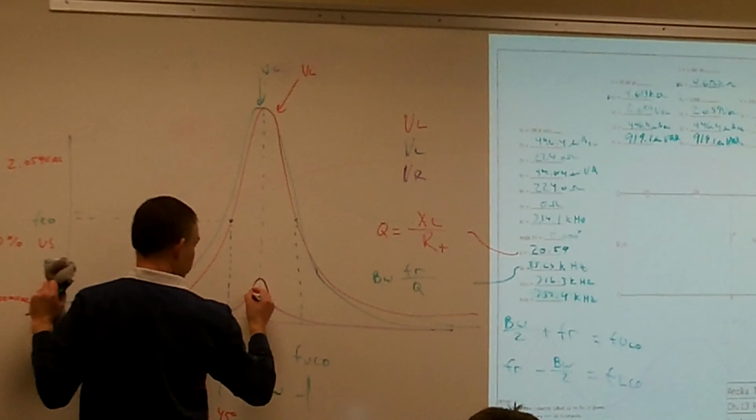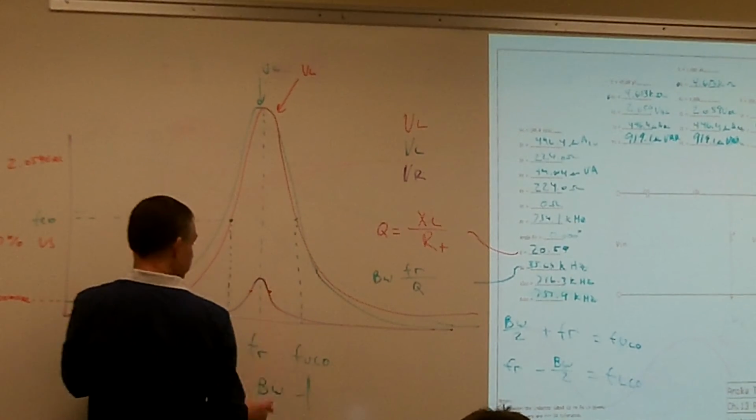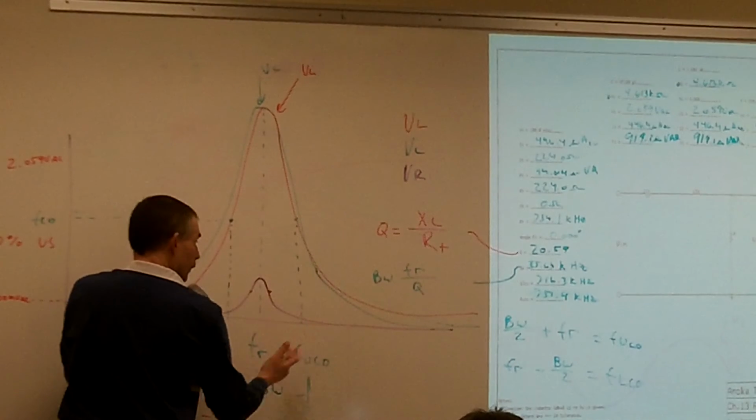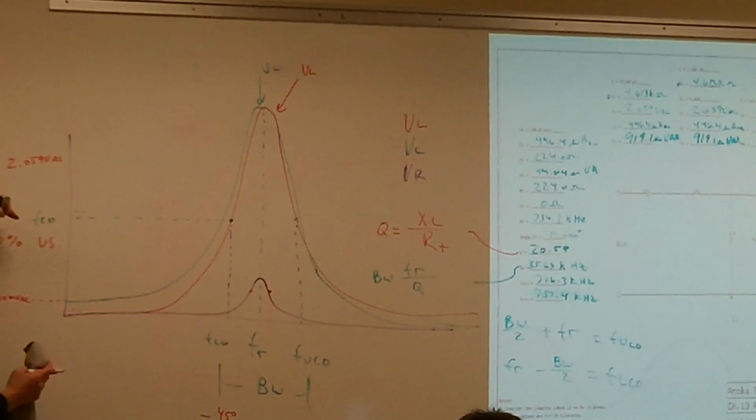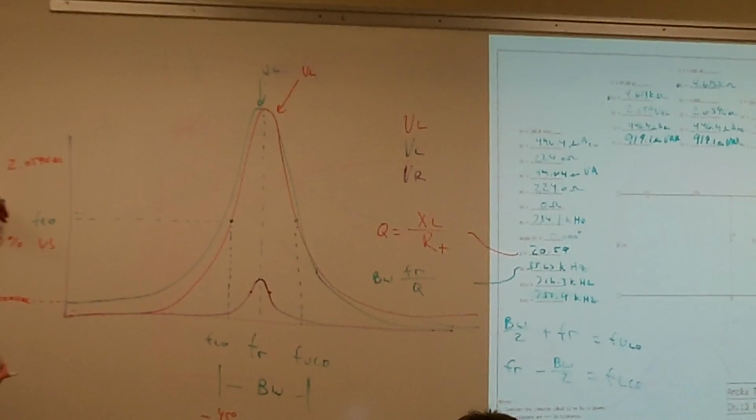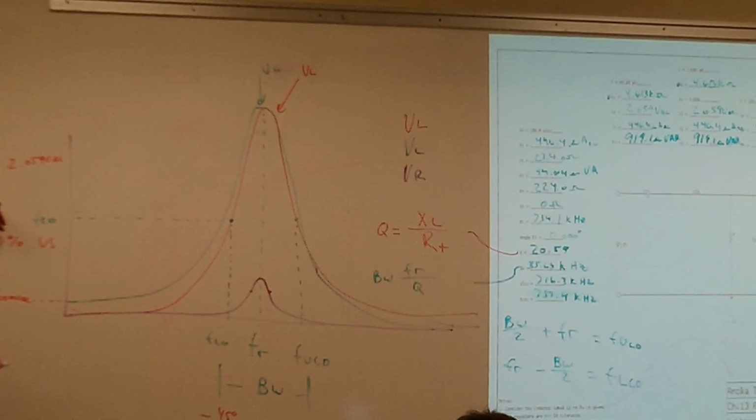So really my bandwidth is realistically right across my resistor, but we spread it out so we can see it. We know that my lower frequency cutoff is going to be at 70.7% of my voltage source. I'm going to be at a negative 3 dB of gain.